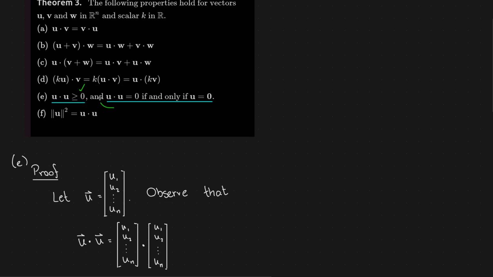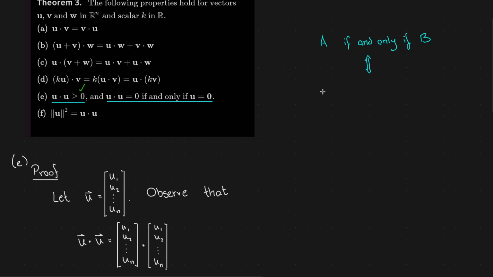Now let's go to the second statement here. This one's a little trickier because we have an if and only if. We haven't seen this before. An if and only if means we actually kind of have to do two proofs, one for each direction. If I see A if and only if B, that means two things.